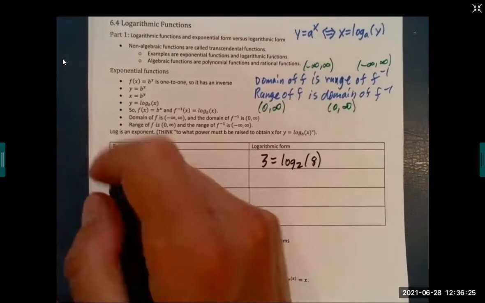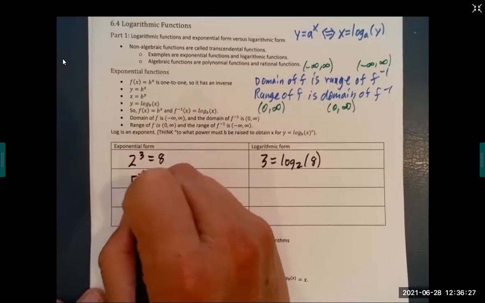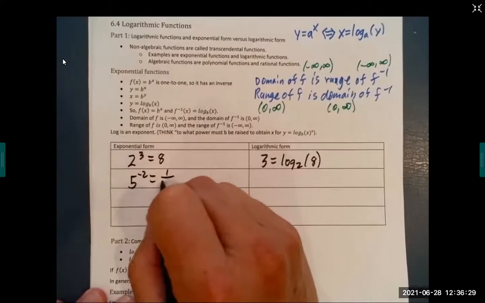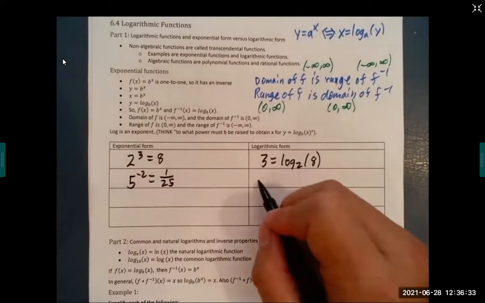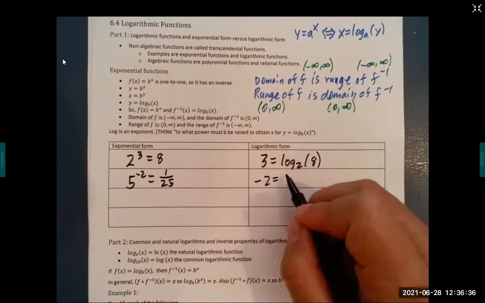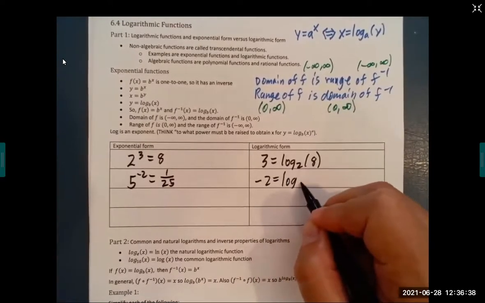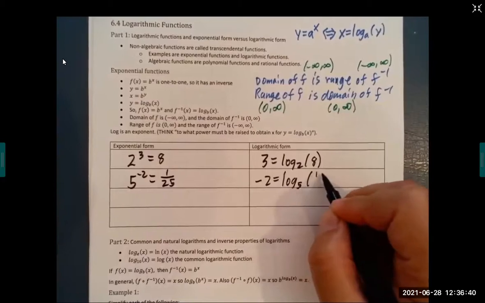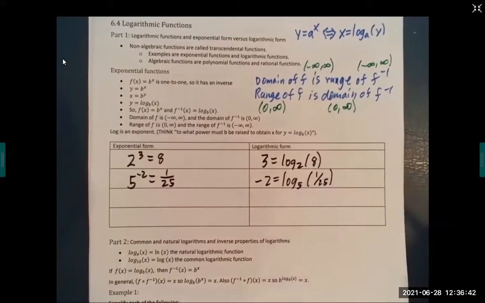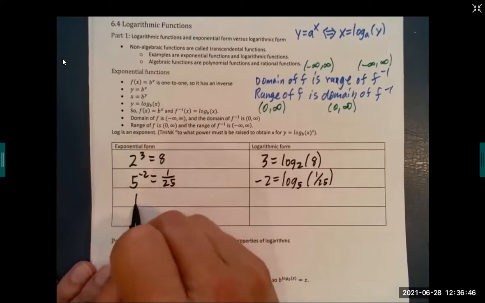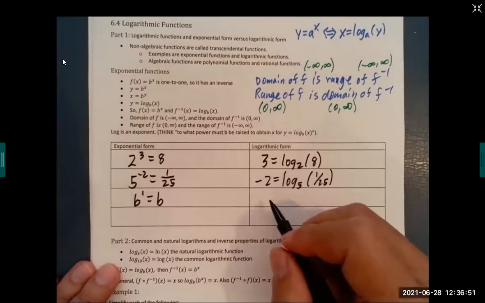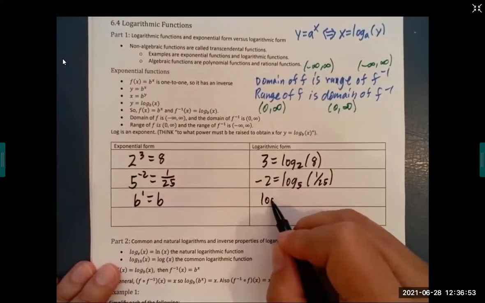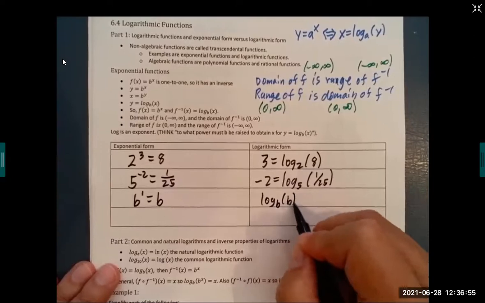All right, let's do a few more. So 5 to the -2nd power is 1/25. That is, of course, a true statement. Rearranging this, we get that -2 is equal to log base 5 of 1/25. And b to the first is b, which means that log base b of b is equal to 1.